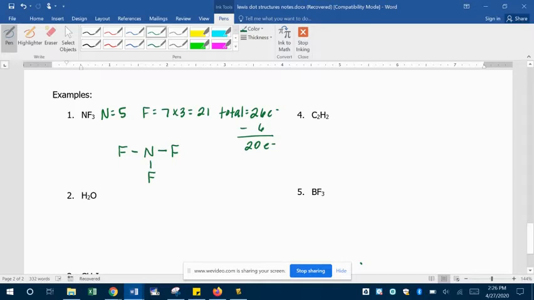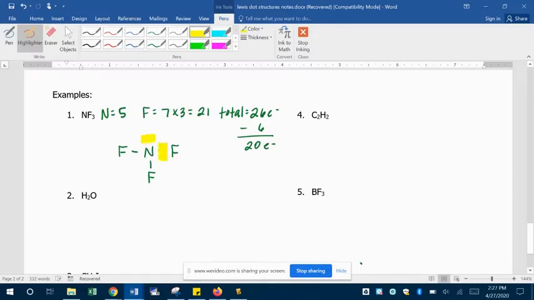And now is when I like to pause and see, how many electrons would I need in order to complete my octet? So nitrogen has 2, 4, 6 electrons around it already through the bonds. So it only needs 2 more.